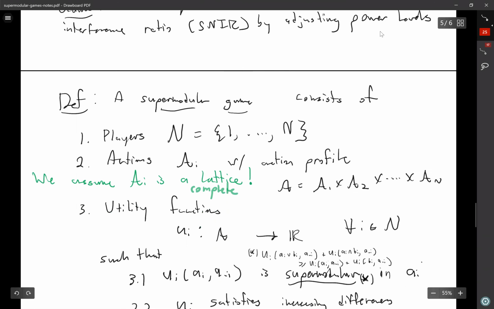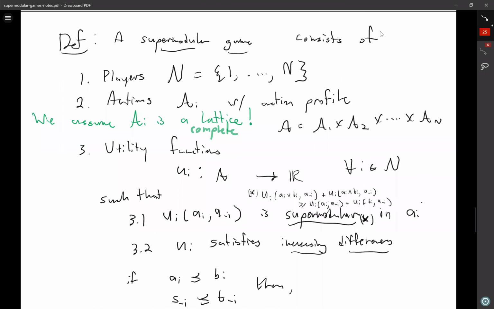So what is a supermodular game? It consists of players, as any game does, and actions, as any game with complete information, where we know the possible actions, or another word for actions is strategies, of every other player in the game.